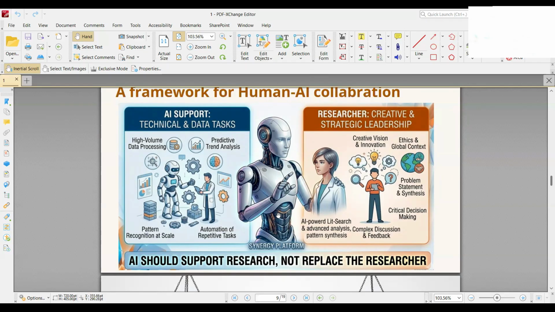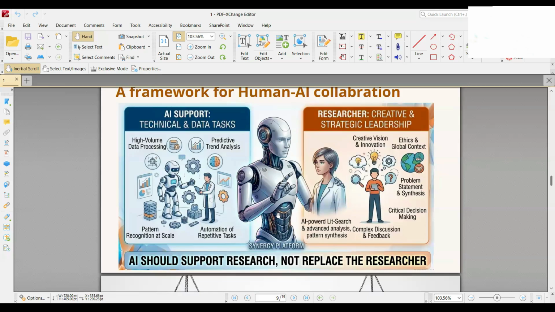I feel that the division of labor shown here makes perfect sense for our work. We let AI handle the heavy lifting of data tasks so that we can focus our own energy on creative and strategic leadership.